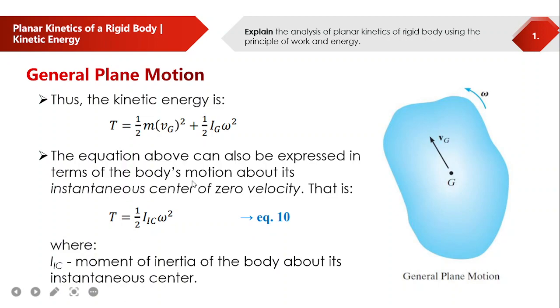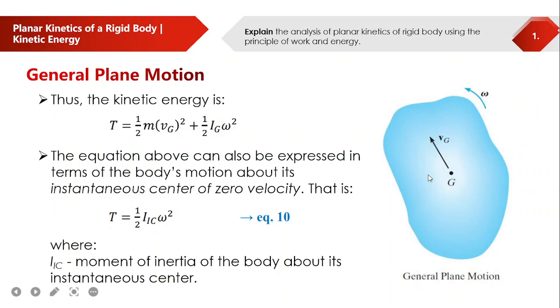Okay? So, ito lang. Kung baga, if general plane motion, ito yung gagamitin mo. If your rotation about the fixed axis is 1/2 I sub O omega squared, and then if translation, either rectilinear tsaka curvilinear, your kinetic energy will be computed as 1/2 m v sub g squared.